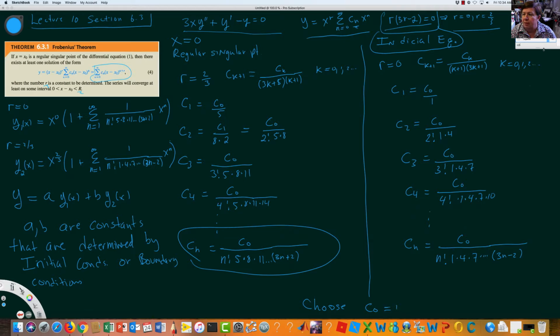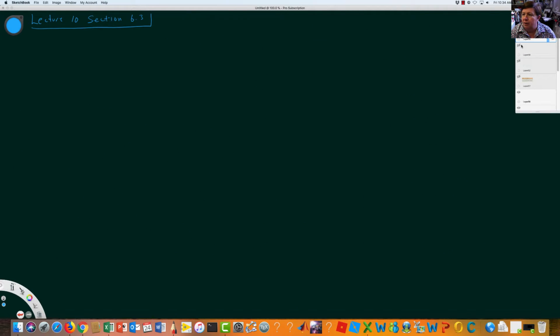I need to get rid of all my layers here that are showing. There we go. Perfect. Okay. All right, so let's go back to our initial differential equation, in which we have y double prime plus p of x y prime plus q of x y equals 0, right?